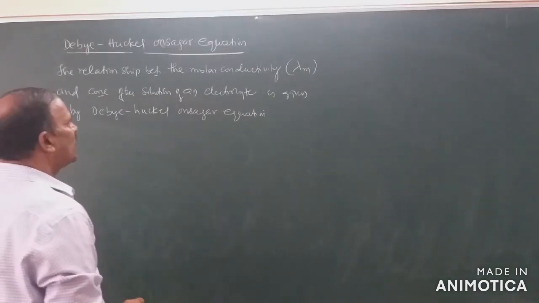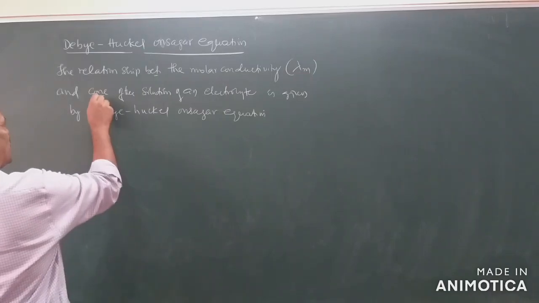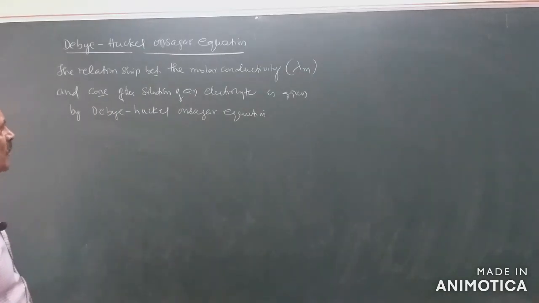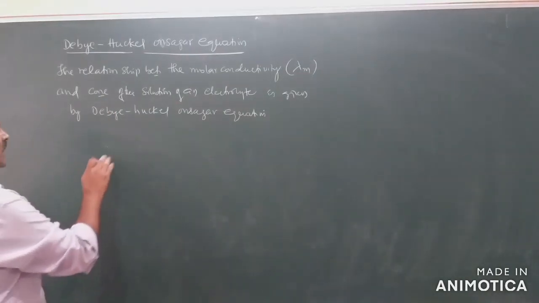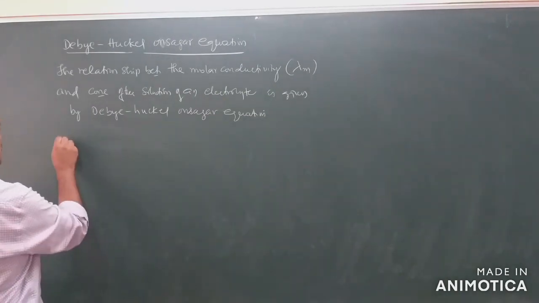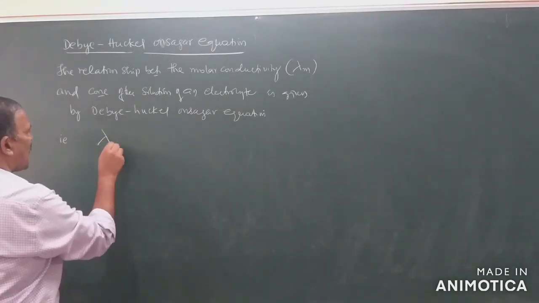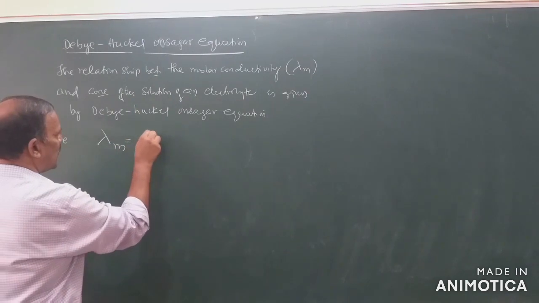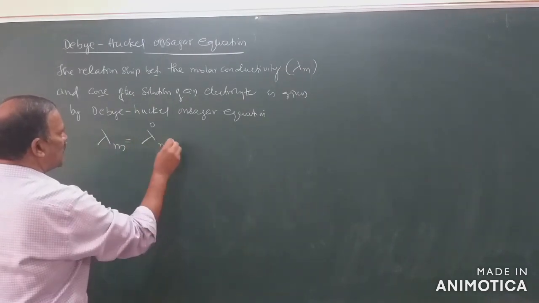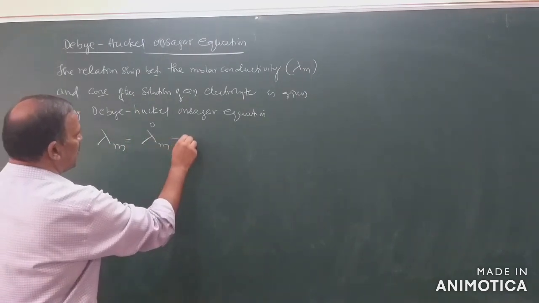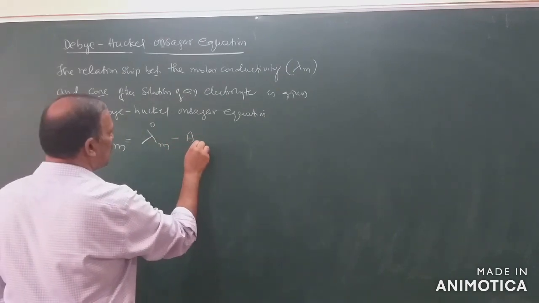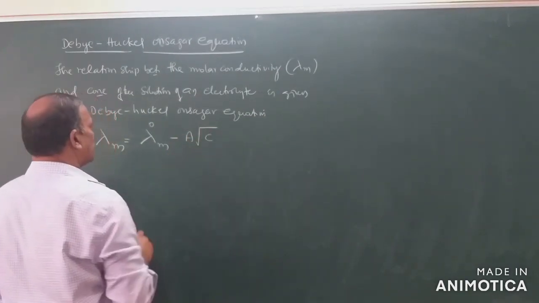The relationship between molar conductivity and concentration of the solution of an electrolyte is given by Debye-Huckel-Onsager equation. That is lambda m equals lambda m naught minus A into root C.